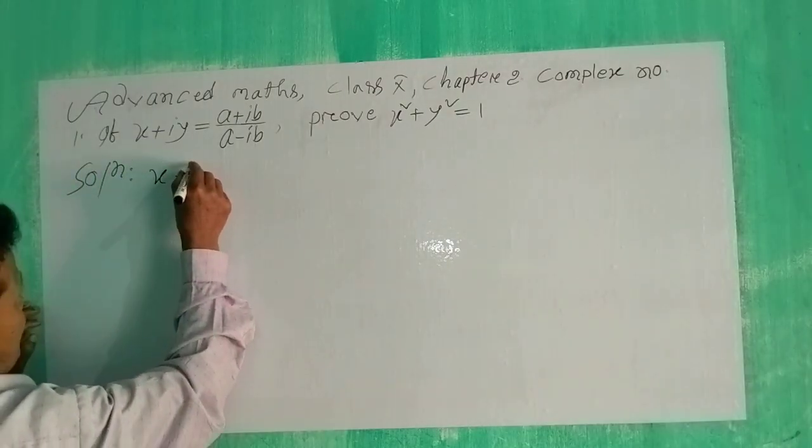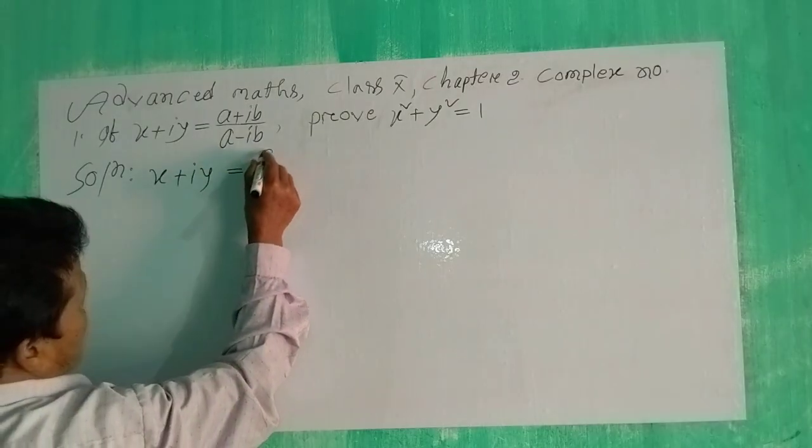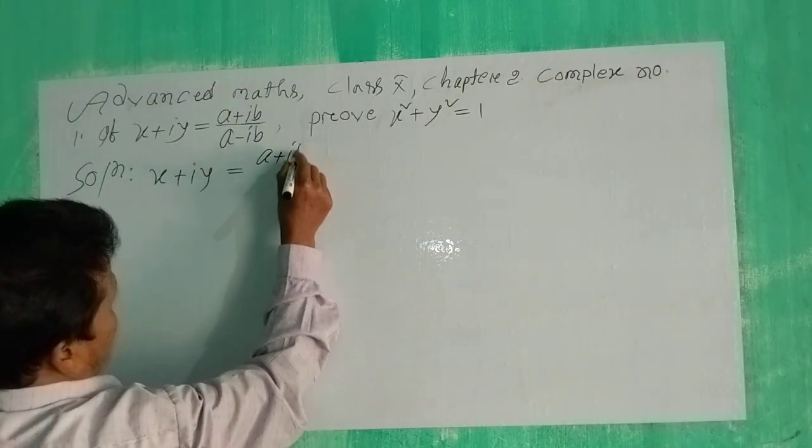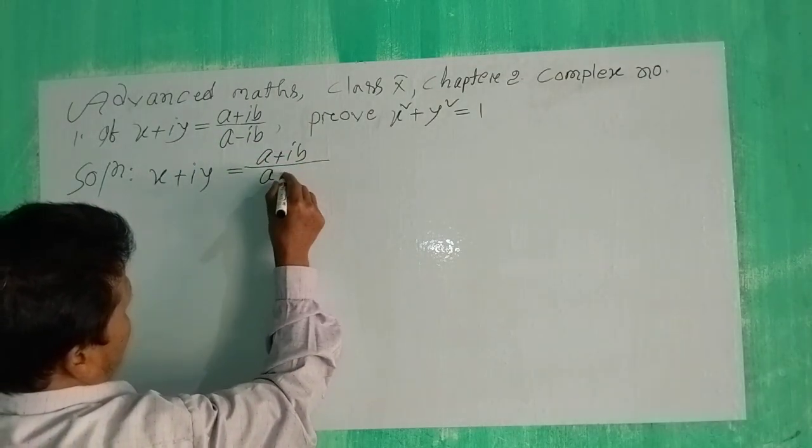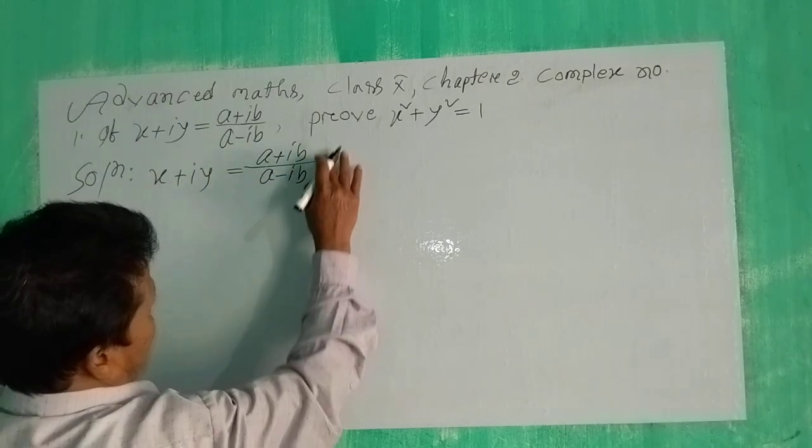x plus iy equals a plus ib by a minus ib, equation number 1.